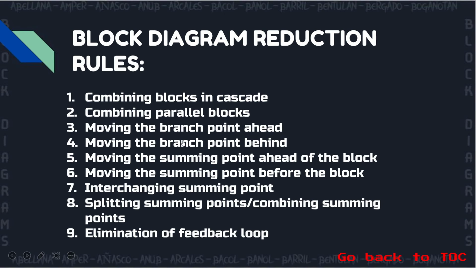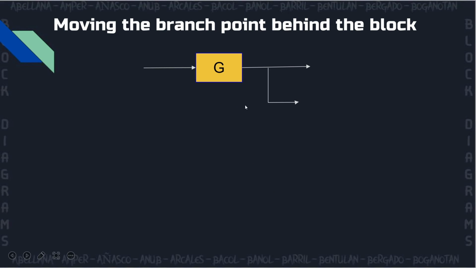The fourth rule is moving the branch point behind. So let us consider this block diagram with transfer function G and input A. The output would obviously be AG. Since the branch point is branching off from this output AG, it will also have a signal of AG.